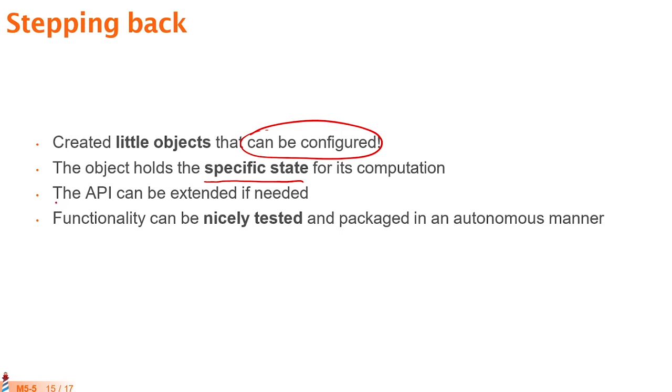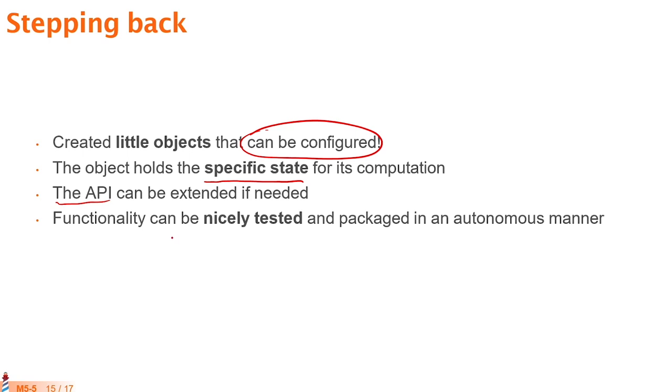We can have nice APIs that we can configure and make the user of this procedure happier, easier to read, and more flexible, because we are not adding a lot of arguments to the procedure, but configuring an object, and the object can have specific initial values that are already useful for most situations.